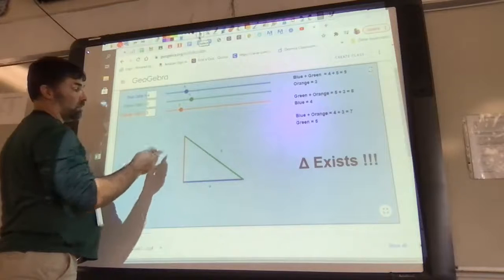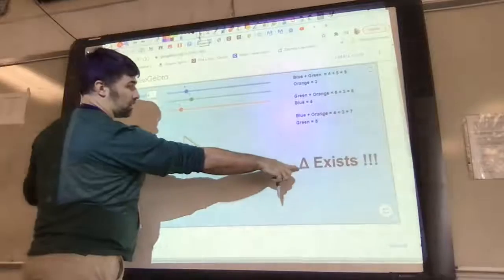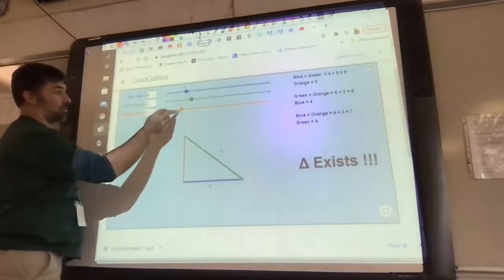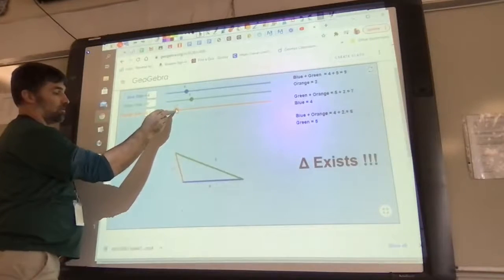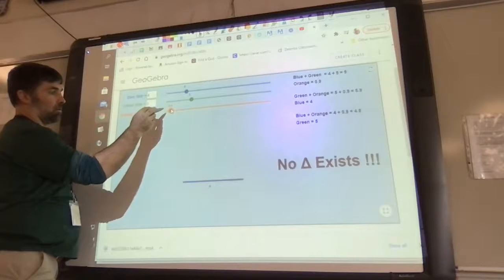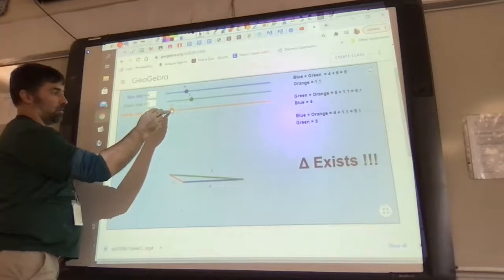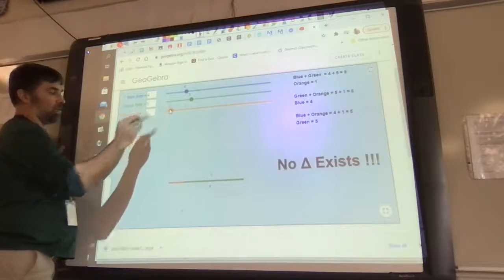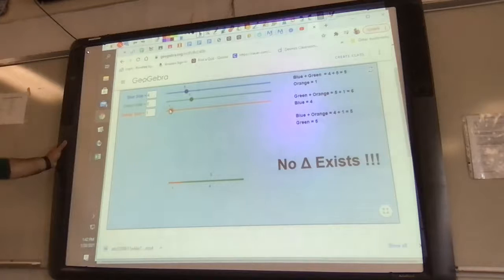Let's say I adjust this. So 3, 4, 5 obviously works. At what point does it not work? Let me move it. Why does that not work? It doesn't work at 1.